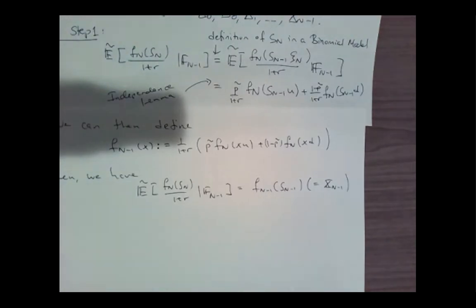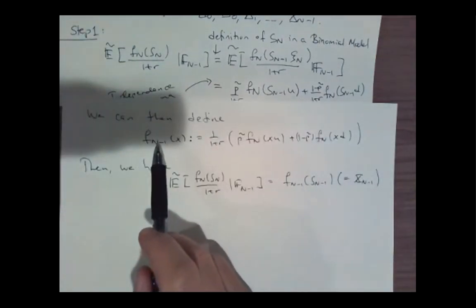Did we all get this step here? This is how I create the next function. I started with the last one, and here I created the previous one. And of course you can iterate this.